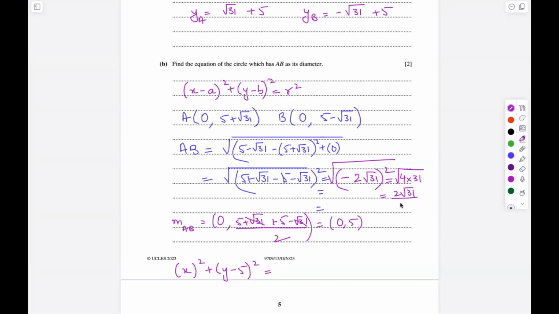And if we divide it by 2, that will become root 31. Okay, so the radius is basically root 31 over here. So r squared will basically be root 31 whole squared, as the equation is r squared. So the final equation will just become x squared plus y minus 5 whole squared equals positive 31 only. So the final equation is x squared plus y minus 5 whole squared equals positive 31.